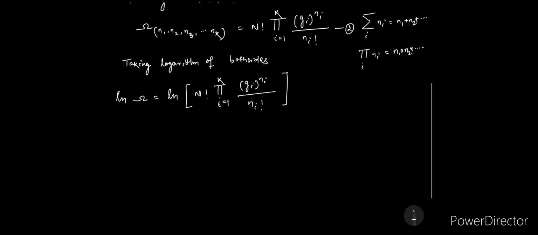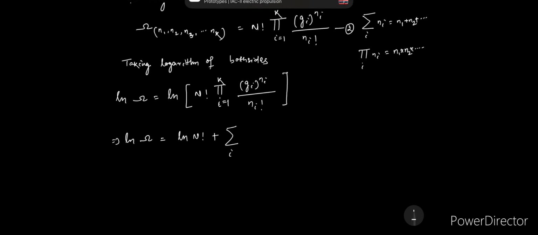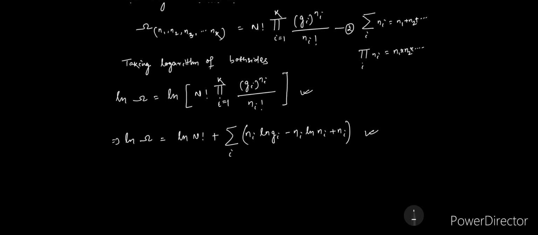So this will be the value, and by simplifying this we will get ln omega is equal to ln n factorial plus summation i, here this is the additive summation, ni ln gi minus ni ln ni plus ni. And how we get this term from this term, it is discussed in the i button. Please click on the i button and watch it.